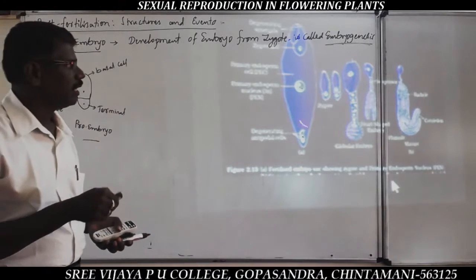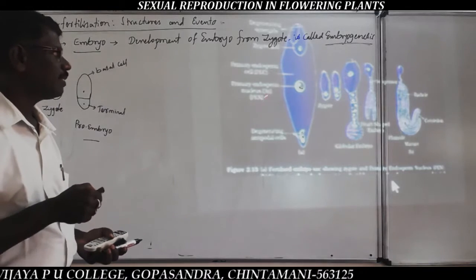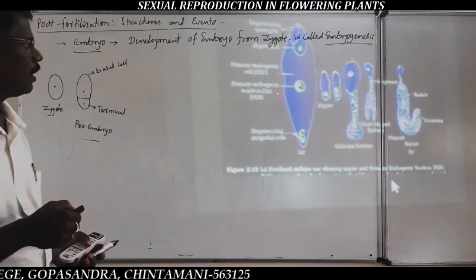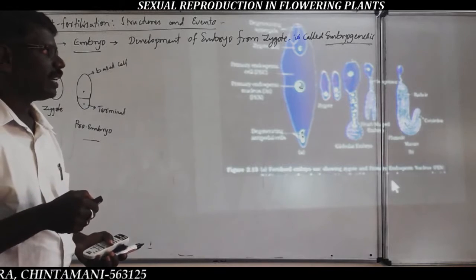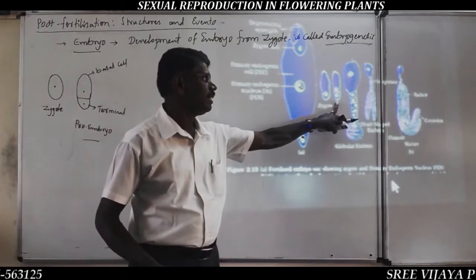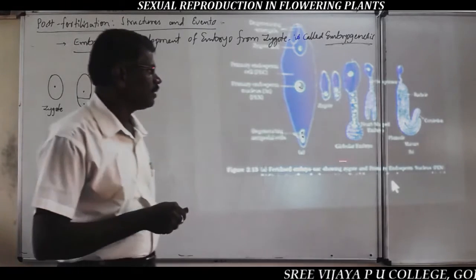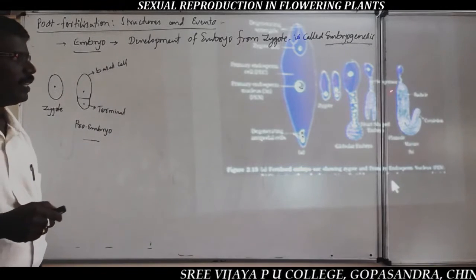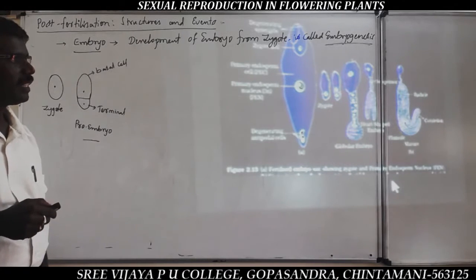As you see here, it is the fertilized embryo sac. It is the primary endosperm cell. See here, it is the zygote. The zygote divided and led to formation of one larger cell and one smaller cell. Here, the larger basal cell and the smaller terminal cell.